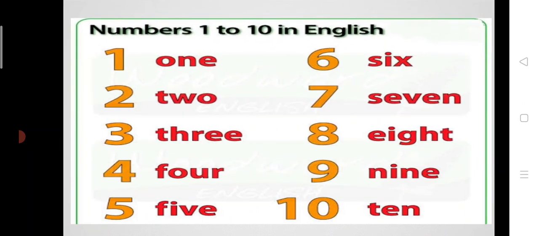See Rajay, these are numbers up to 10. 1, O-N-E 1, 2, 3, 4, 5, 6, 7, 8, 9, 10.